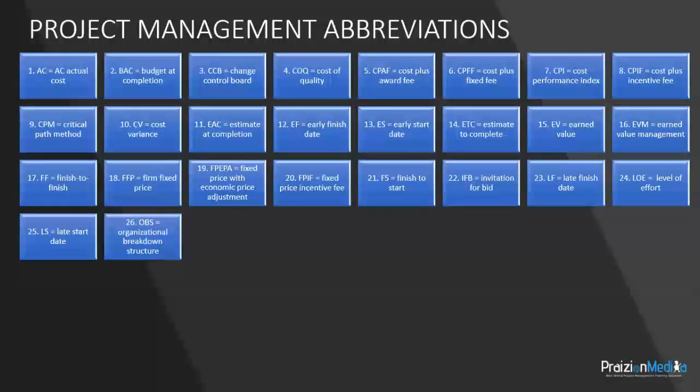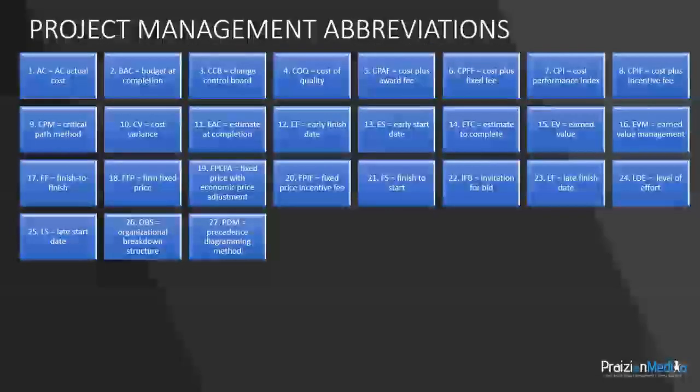OBS, Organizational Breakdown Structure. The organizational breakdown structure shows the hierarchy in the organization and reporting relationships. PDM, Precedence Diagramming Method. It's a network diagramming approach in which boxes represent the tasks and arrows represent the relationships. It is used a lot in critical path analysis.